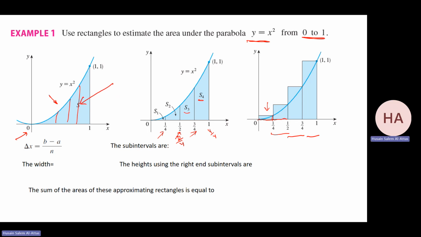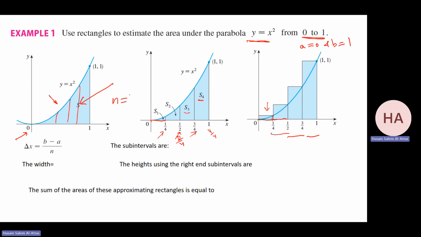So the procedure is very simple. What you will do first, you have A equals 0 and B equals 1. Then you will find the width. Assume it's a fixed width. What will be the width? How many rectangles do I need? For example, in this case, I need n to be 4.